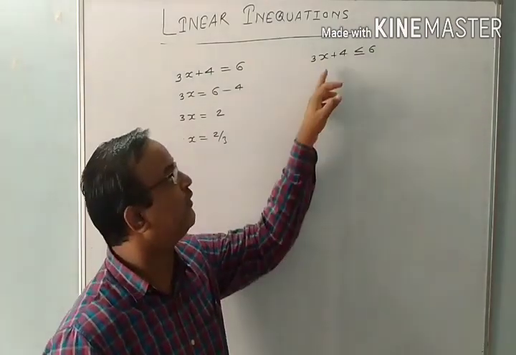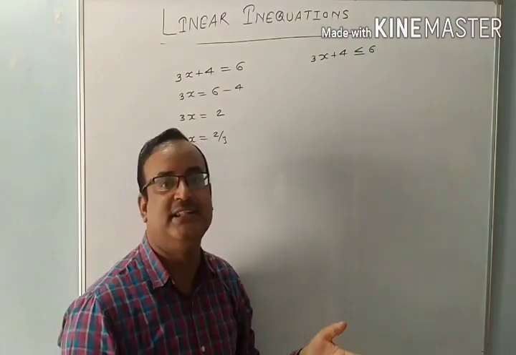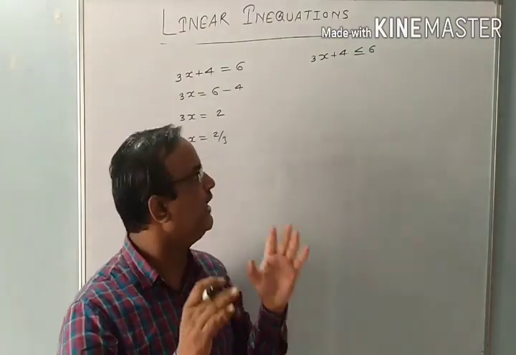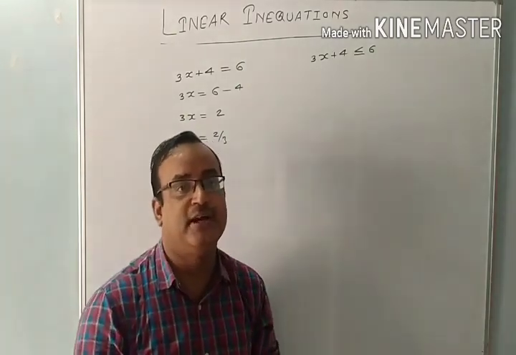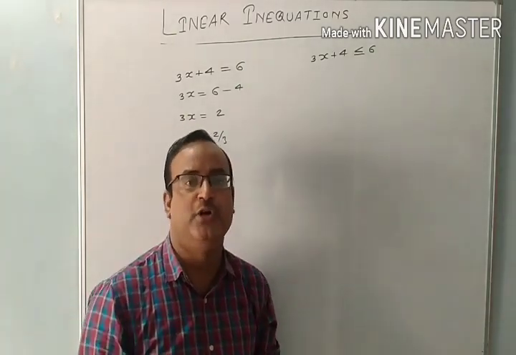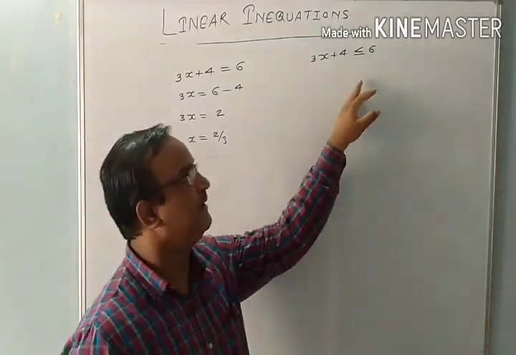But in case of linear inequations, when we solve for x, we will not get only countable solutions. We will get a solution set where the values of x are uncountable, which satisfy the given linear inequation. So how to solve this?